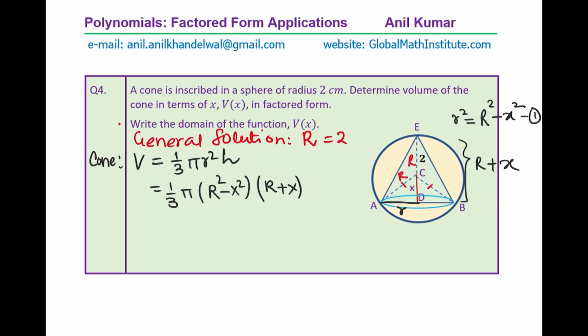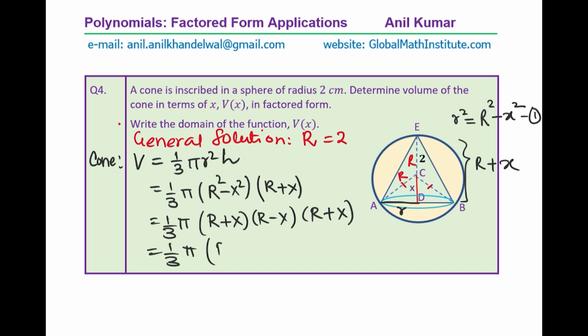So I'm using a general value r. We'll substitute 2 later. So 1 by 3 pi, this can be factored. Do you see that? And now we can further combine the two terms, which is r plus x whole square times r minus x. You get the idea.